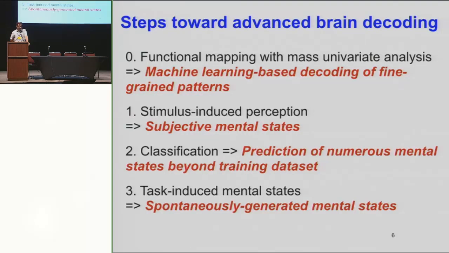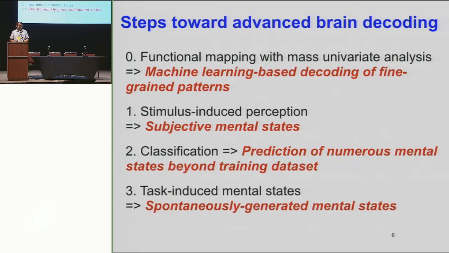We have to come up with new methods. For the rest of my talk, I describe several steps toward more advanced decoding, which aims at decoding a greater variety of mental contents and more complex mental contents. The zeroth, basic step was from functional mapping with mass univariate analysis to machine learning-based decoding of fine-grained patterns.